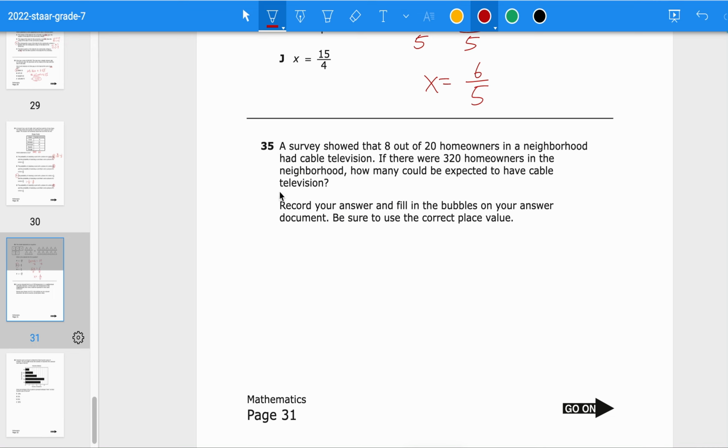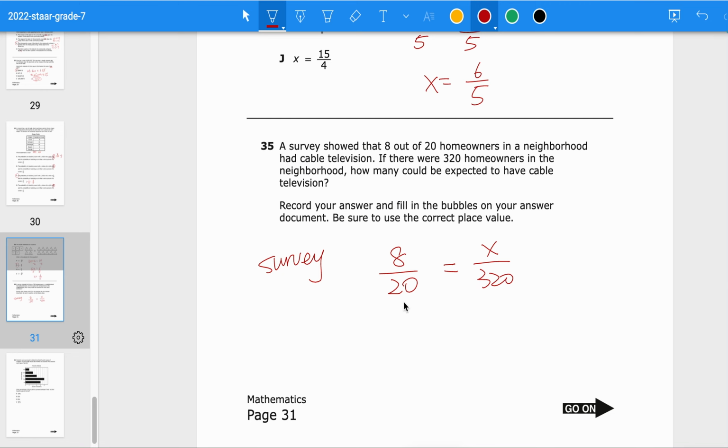And 35. If there were 320, so let's see, the survey, we have 8 out of 20 who have cable television. And if there are 320 homeowners, so we pull out 20, we have 8. What about 320? What is the number?